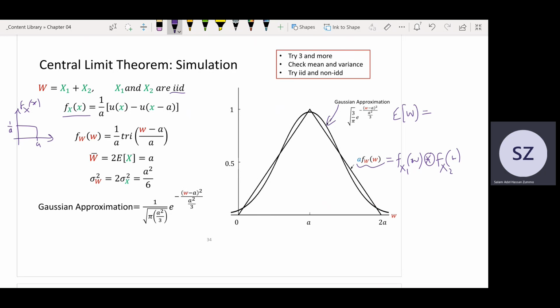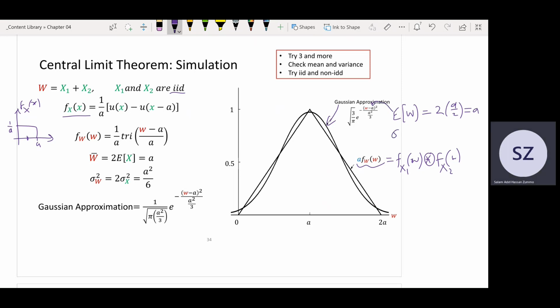What is the expected value of x? a over 2. It's the middle point. So what is the expected value of w? Expected value of this is 2 multiplied by a over 2, which is a, and you can see it's here.